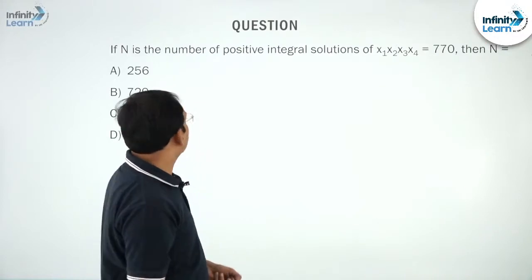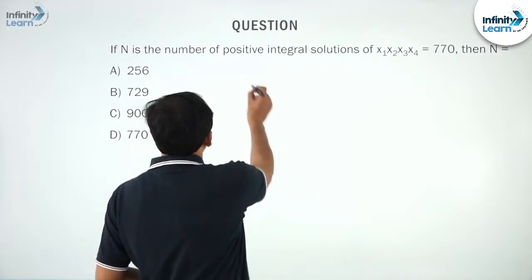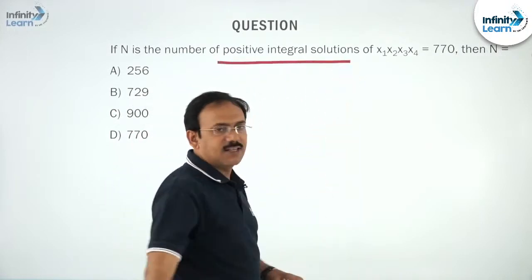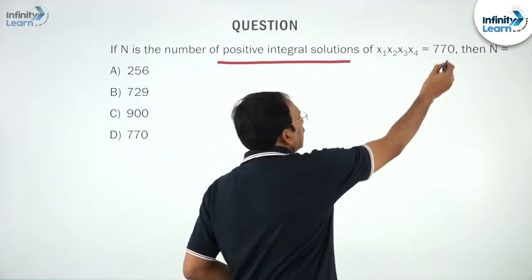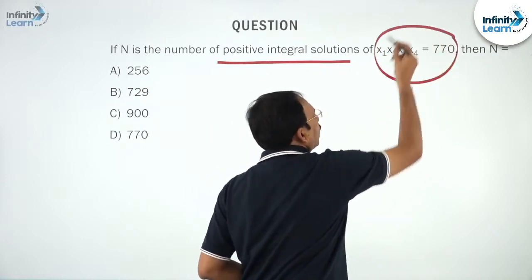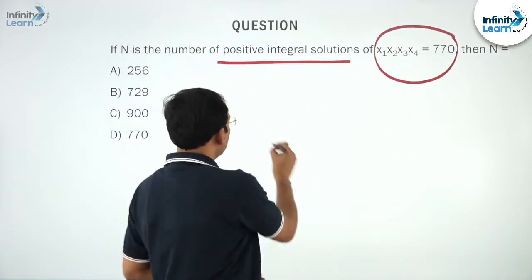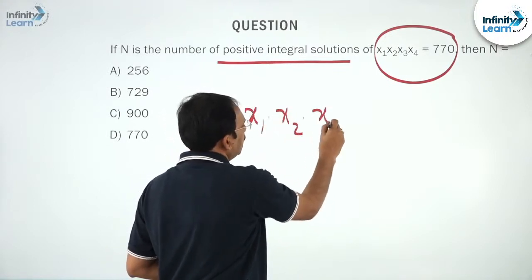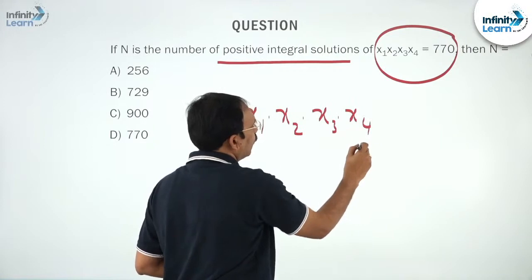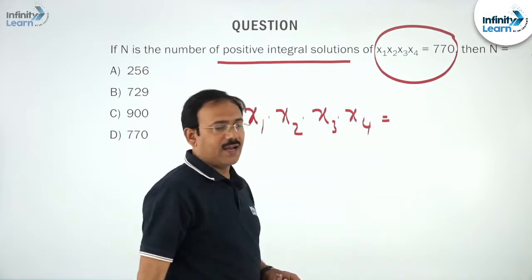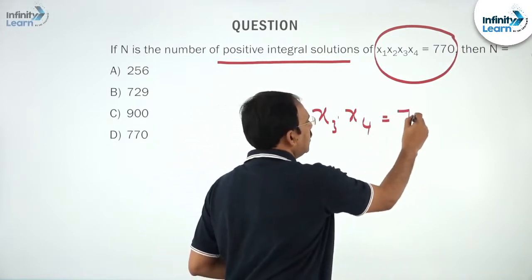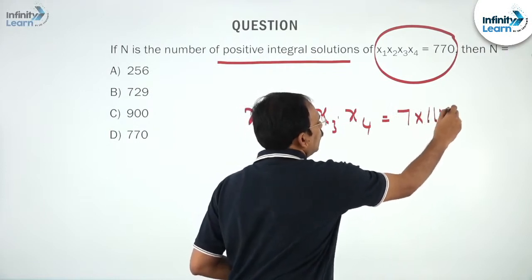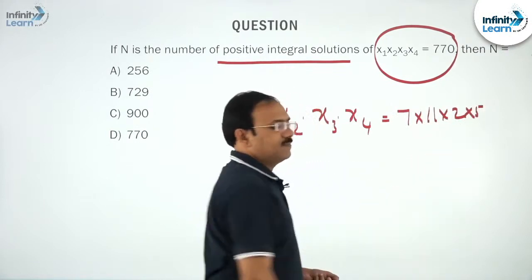Fine. Next, you see this question, find the number of positive integral solutions of x1, x2, x3, x4 is 770. You see, the product of 4 variables x1 into x2 into x3 into x4 is 770. I think you can write 7 into 11 into 2 into 5, all are prime.